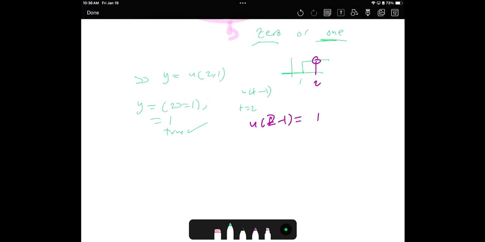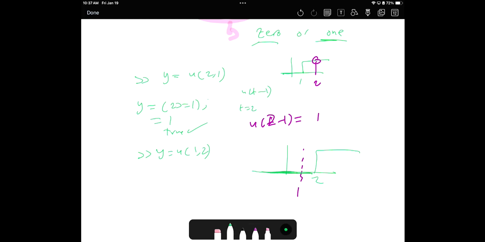How about if I did in MATLAB y equal u of 1, 2? So 1 is less than 2. I have the unit step starting at 2, while my observation is at 1. So at 1 there is nothing, there is 0. Okay? Then at 1 everything is 0, so therefore it must be 0.